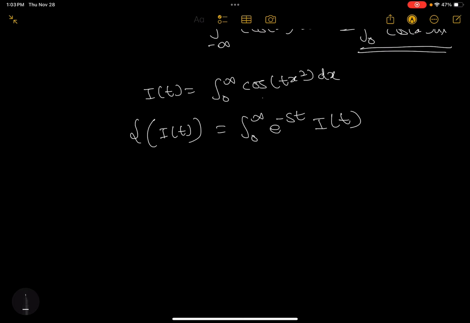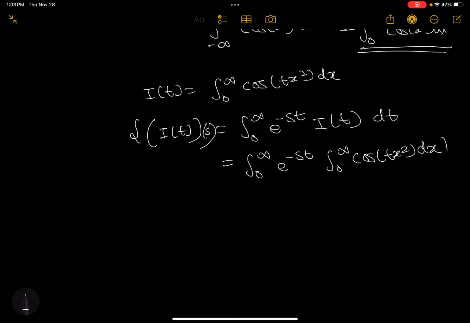I take the Laplace transform of I of t and change it to the world of s, so the s variable will remain. Now we know that I of t is the integral from 0 to infinity of cos of tx squared dx, and this dt will remain as it is.